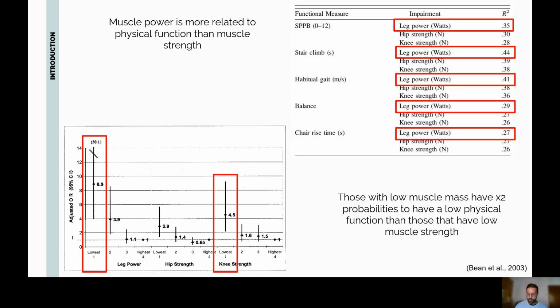Also, those with low muscle, not mass, it should state power, okay? Those with low muscle power have double the chances of having a low physical function than those that have a low muscle strength, as you can see from the figure in this study.